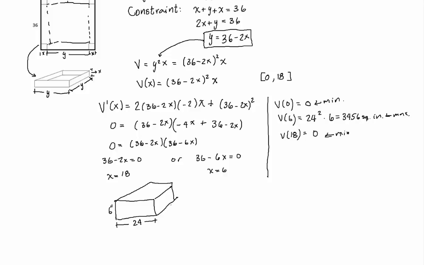Beautiful box, by the way. And then this is 24. And those are the dimensions of the box that maximizes the volume. So this volume would be equal to 3,456 square inches.